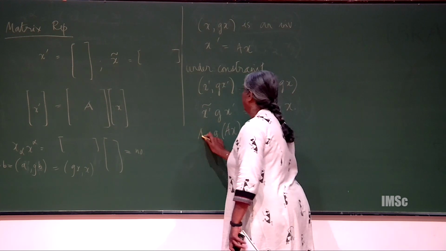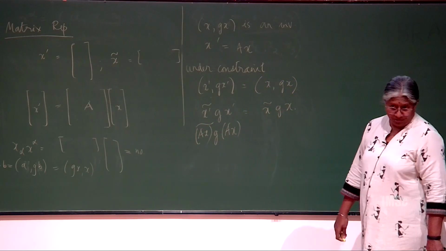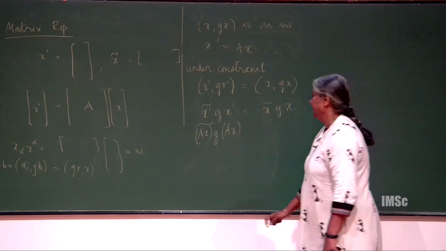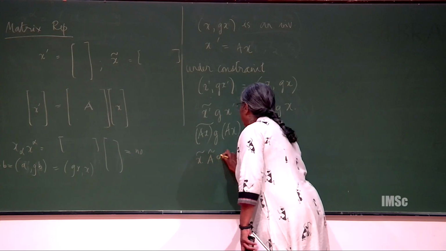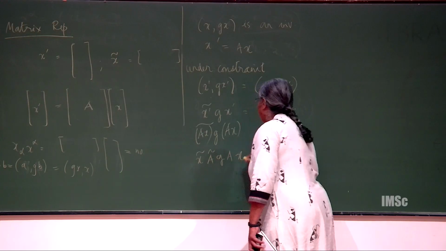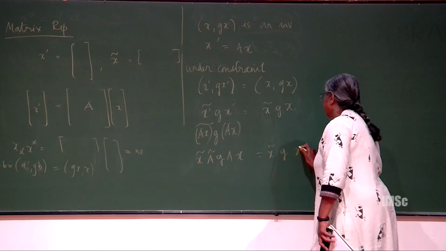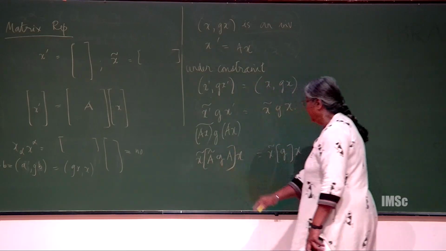And this is A x transpose. What is the formula for AB whole transpose? So this will give me x transpose A transpose G times A times x, and this has to be x transpose G times x. So what can you all tell looking at the board?